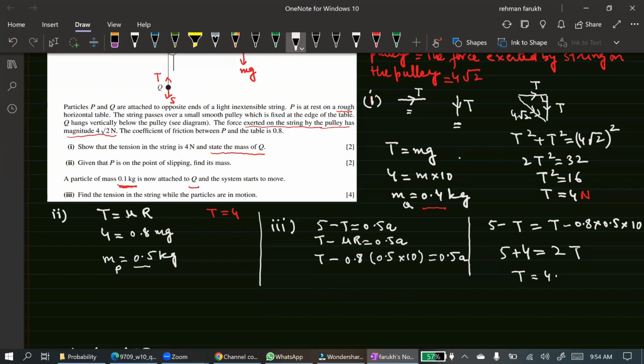So T is equal to 4.5 newtons. This one is the answer to part number 3.